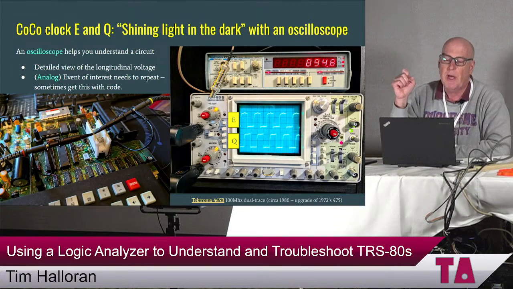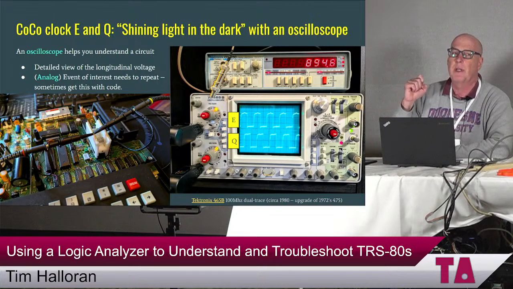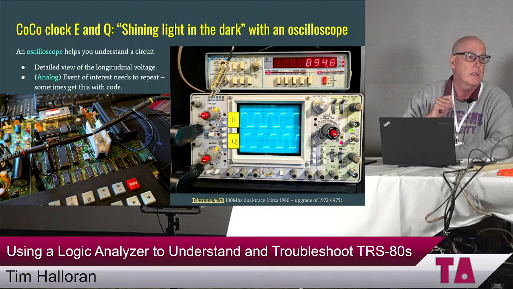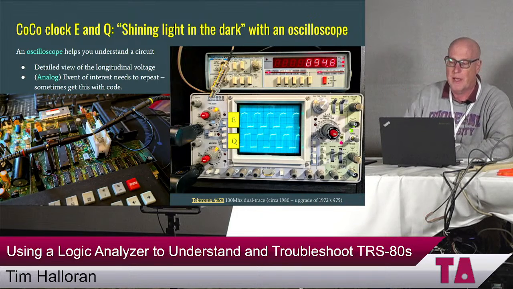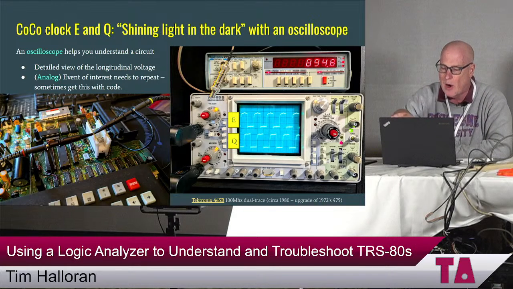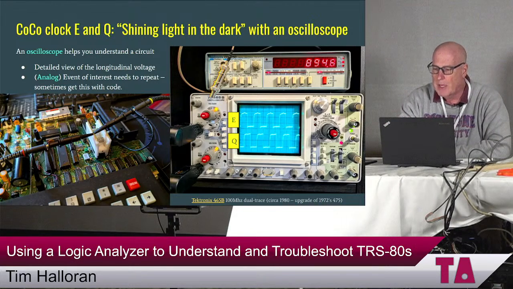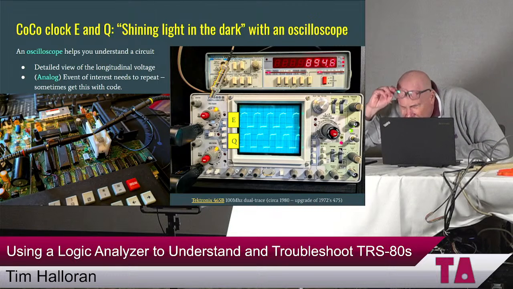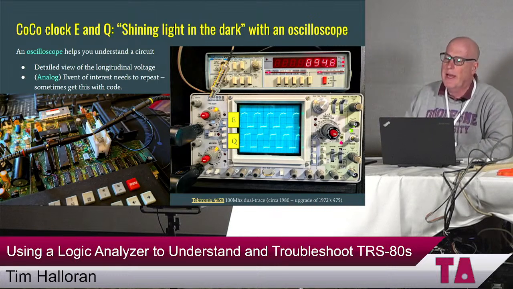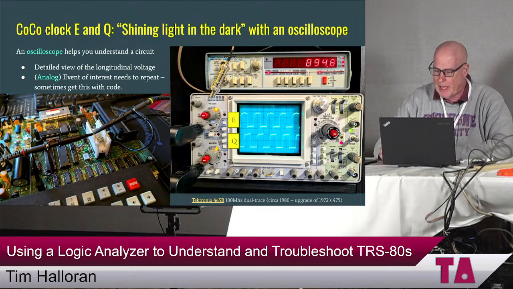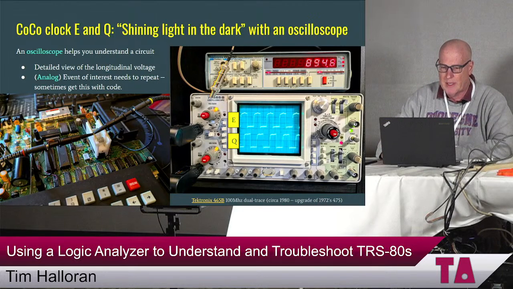Sometimes if the signal doesn't repeat, you can use software in your system to make the event repeat. You could write a BASIC loop or an assembly language loop that makes the event of interest go on. What's interesting is what I've got hooked up here is the E line. It's showing, I think, 894 kilohertz, and that's the clock.